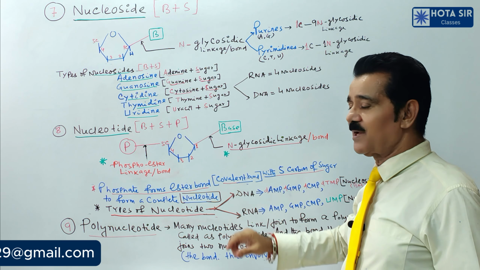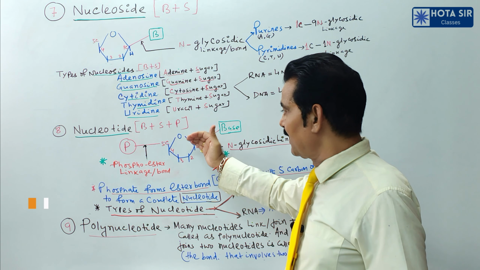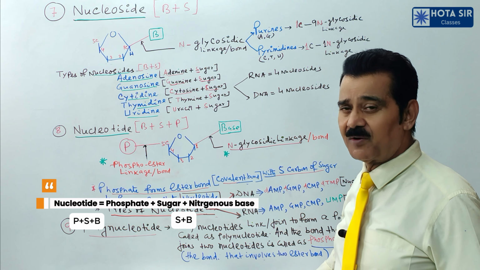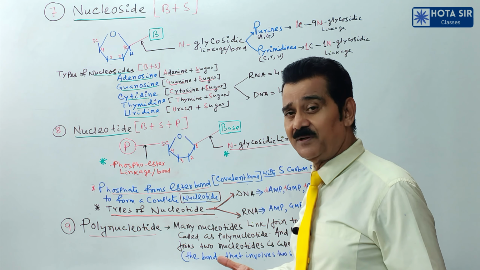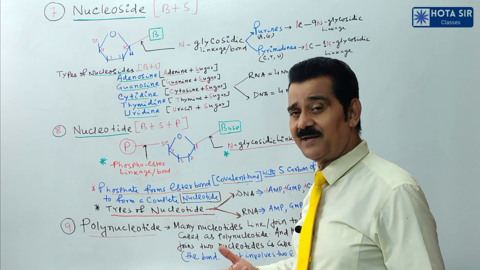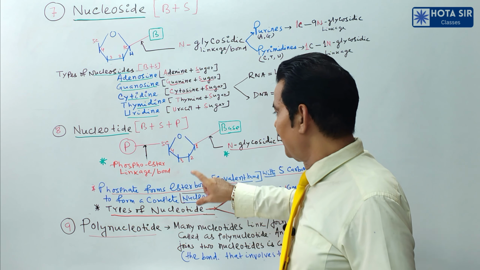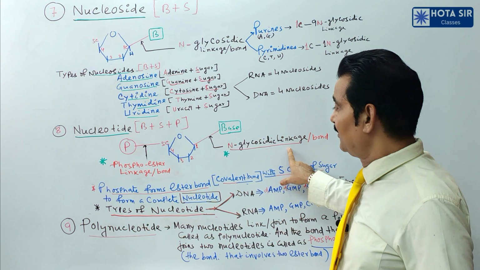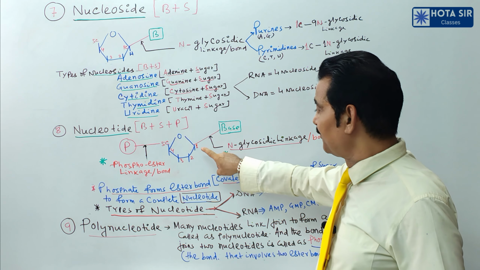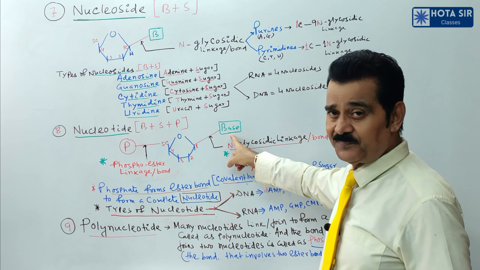Now come to nucleotide. Nucleotide means base plus sugar and phosphate. They form the nucleotide, the unit of nucleic acid, both DNA and RNA. Now this is the sugar molecule. I have explained that this is the N-glycosidic linkage formed between 1 position of the carbon and the nitrogenous base. This is very important.